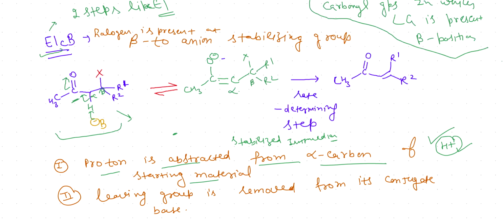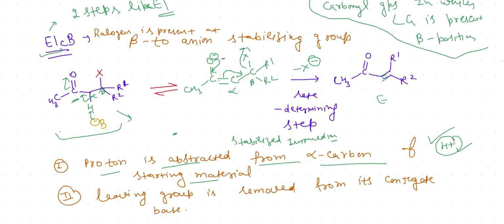Then as this enolate is stabilizing the whole molecule, it will undergo resonance and the electrons shift back towards this carbon, and the double bond is shifted to the adjacent carbon and it facilitates the removal of halogen, X negative. So there is formation of a double bond. So this is the E1cB.